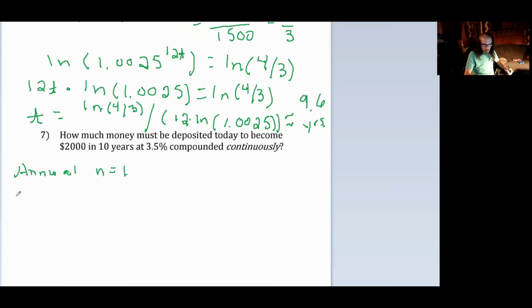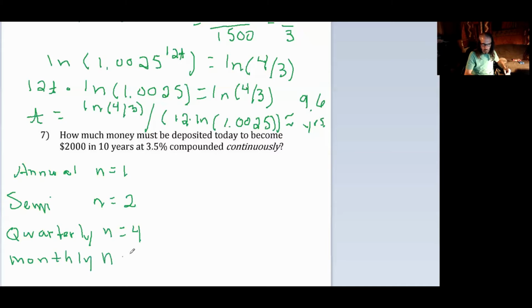to semi-annually, to quarterly, monthly, you could even go with weekly, or daily.